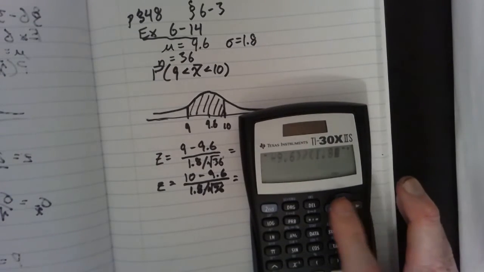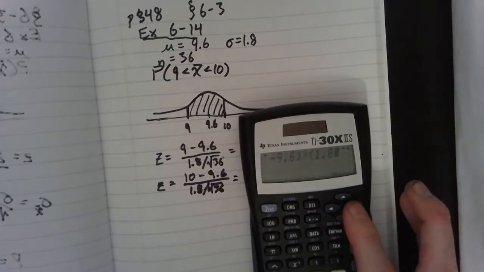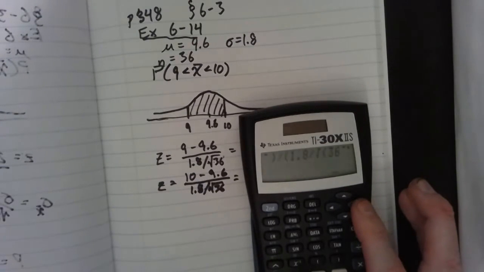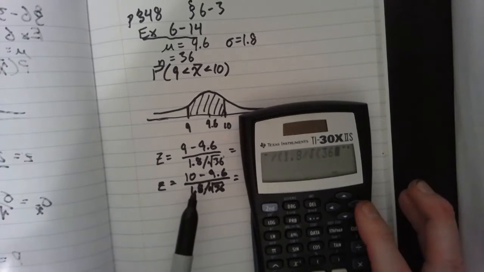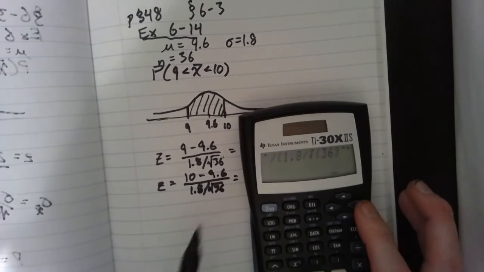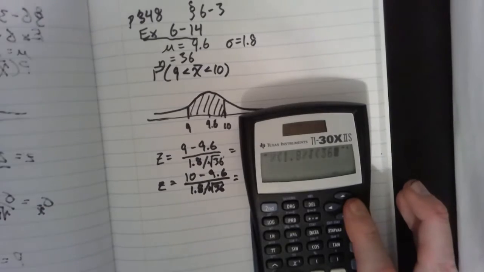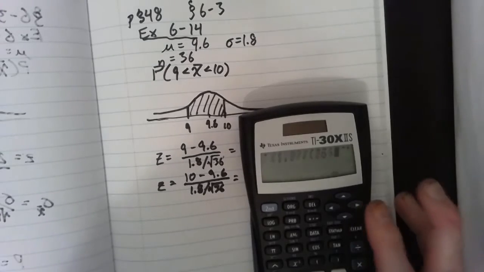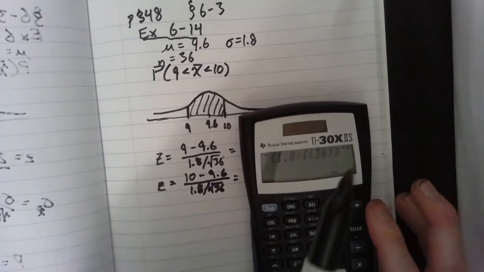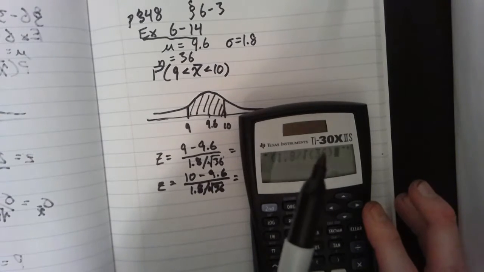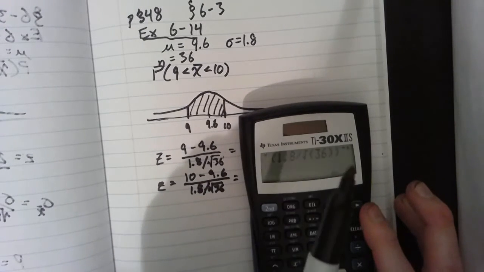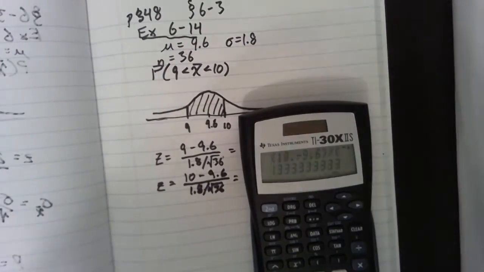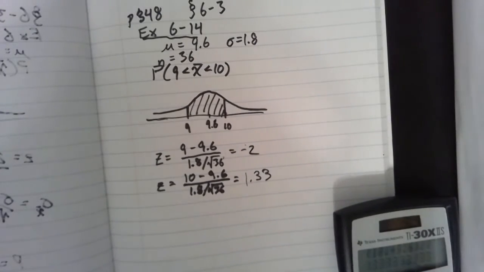I'm going 10 minus 9.6, all in parentheses before I do the first division, and then divided by. Notice this whole thing is what I'm dividing by: 1.8 itself divided by the square root of 36. So inside here, there's lots of parentheses. I have parentheses for the whole denominator, and then inside that, I have 1.8 divided by, and the square root comes with parentheses. So I have to make sure to not forget to close any of those off. Most of the time, if you just hit enter, it'll work out okay. So there are our z values.